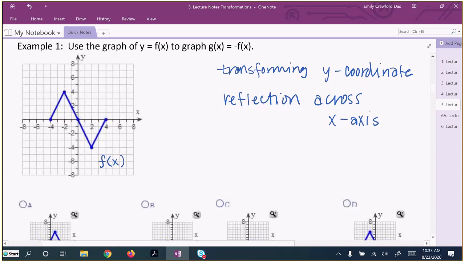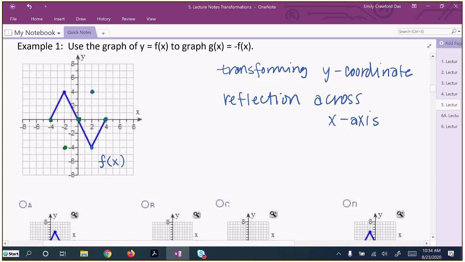So for example, if I pick any point, like maybe this one here, its reflection across the x-axis is going to be the same x-coordinate, but the positive version of the y-coordinate. So this point's going to end up here, this point here, here. Let's use a different color. So here's the reflection of that point. This point that's located at -2 and 4 would become -2 and -4.